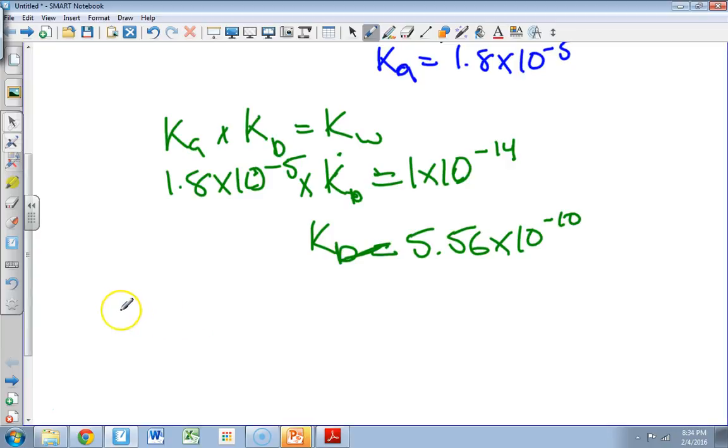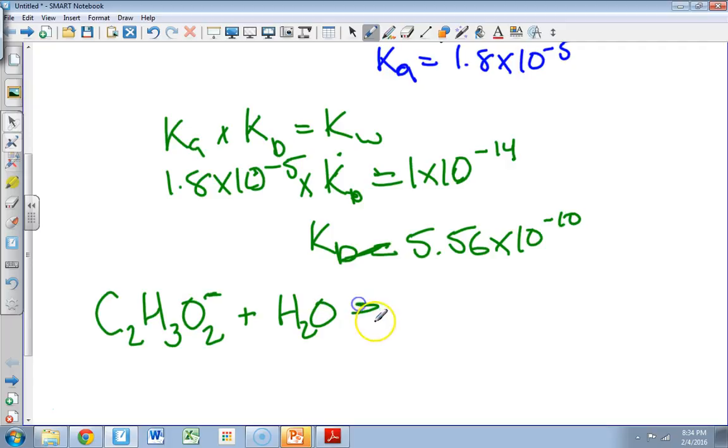So that base reaction is C2H3O2 minus plus water, H2O, in equilibrium with OH minus plus HC2H3O2. And it's because we're producing hydroxide that this is a base reaction.